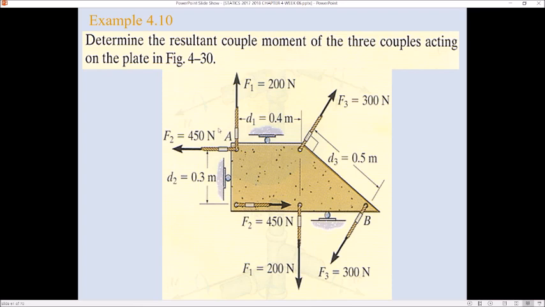F1 times D1 is a clockwise rotation, so it is a negative moment. For F2, with respect to its distance, which is 0.3, the moment couple will be counterclockwise, therefore it is a positive rotational moment. And then for F3, the distance is 0.5, therefore the rotational moment is in clockwise direction.